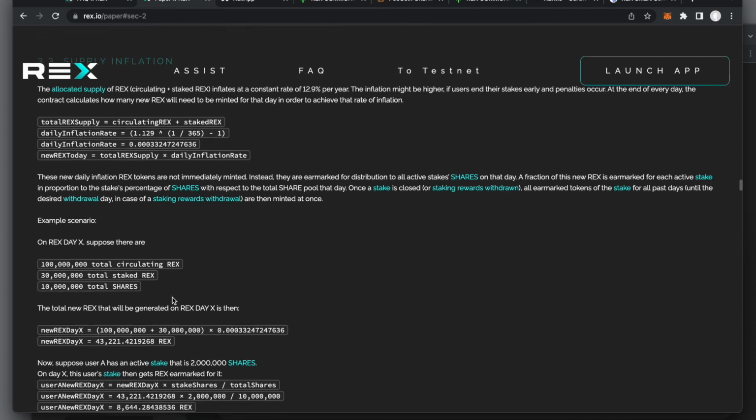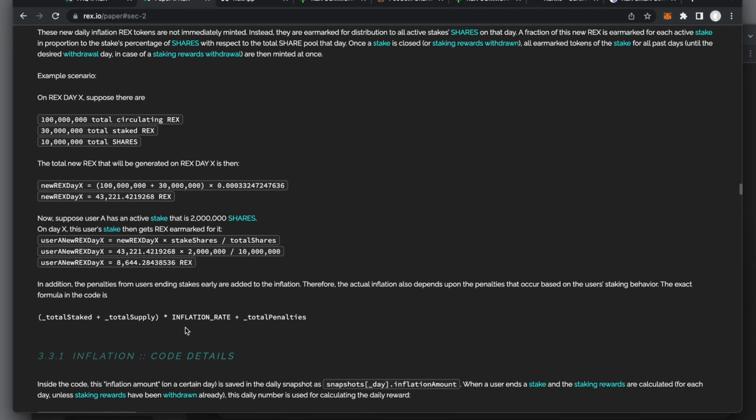So here's an example scenario. On Rex Day 1, suppose there are 100 million total circulating Rex, 30 million total staked Rex, 10 million total shares. The total new Rex that will be generated on Rex Day X is then that math.